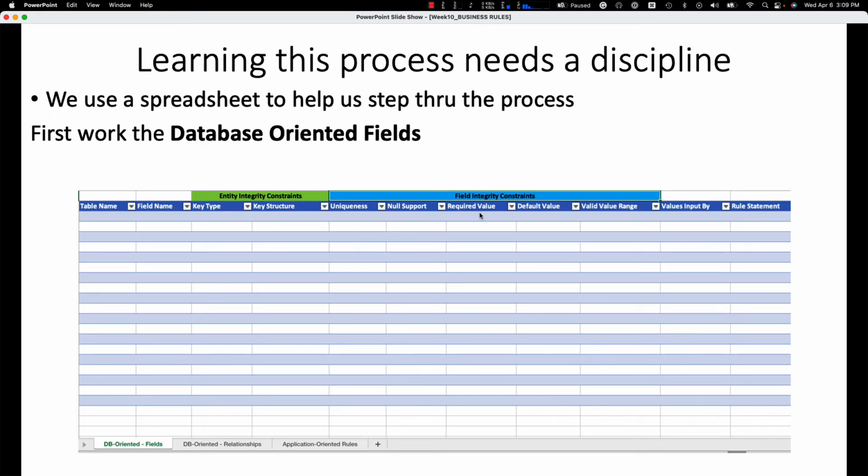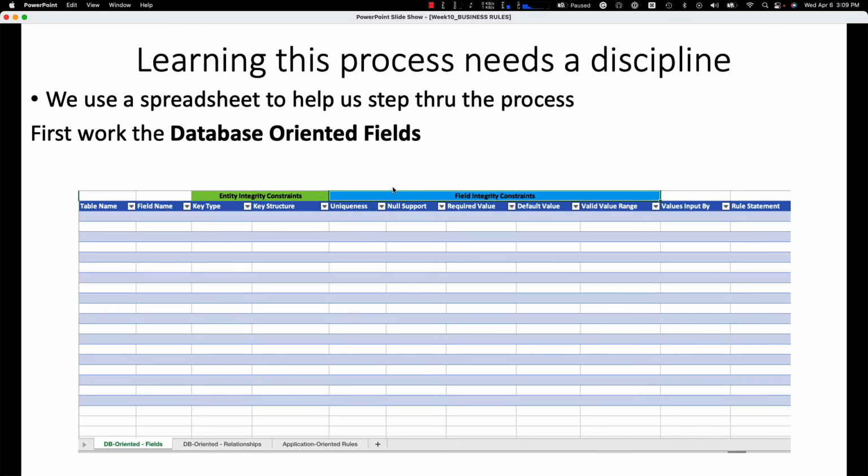Is there a required value? We talked about, for example, their start date can't be before their birth date, or if this was the vendor state, you're only going to allow Oregon, Washington, and the things we talked about.